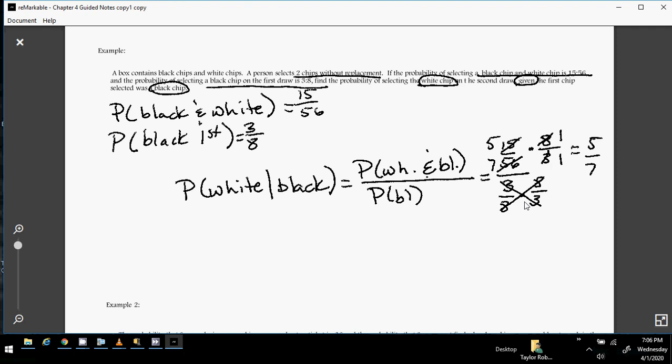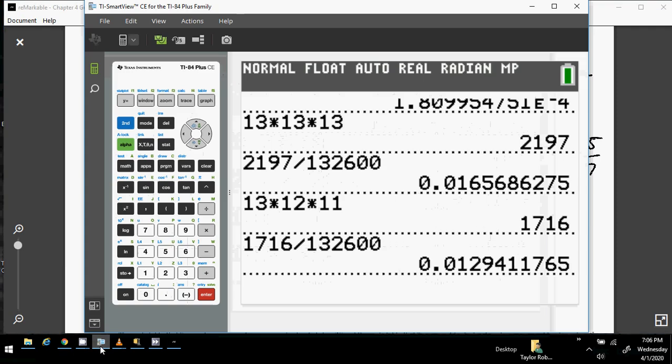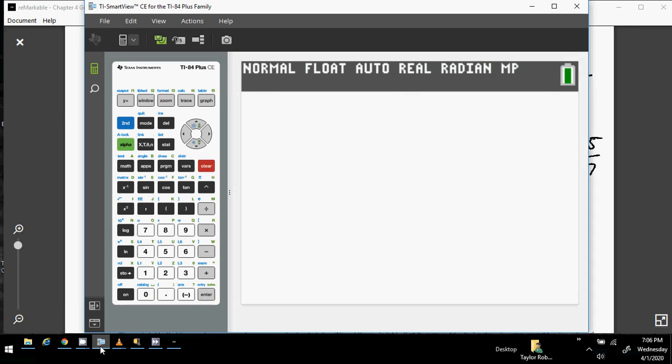Beautiful, right? Now, if we don't want to do all of that algebra, then we can go over here and do 15 out of 56 on top, and then we're going to divide by 3 out of 8 on bottom.